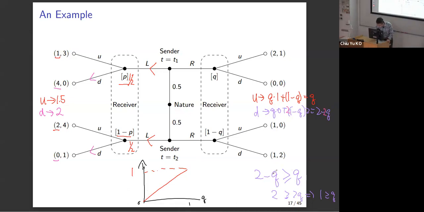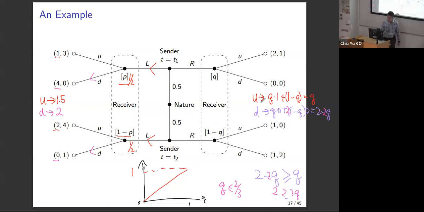Then we require that 2 is bigger than 3Q. So as long as Q is less than 2/3, then you would choose the D.